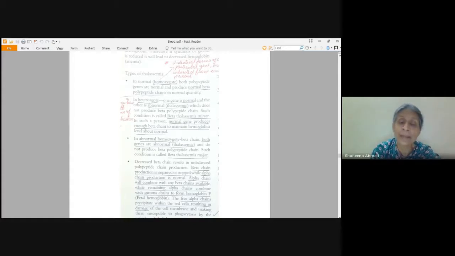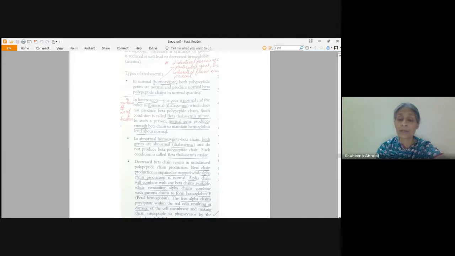Now let's look at beta thalassemia. Beta thalassemia can be of two types: minor beta thalassemia and major beta thalassemia. Now basically, the beta chains in normal homozygotes. Homozygote means where two identical forms of gene are received from either parent.